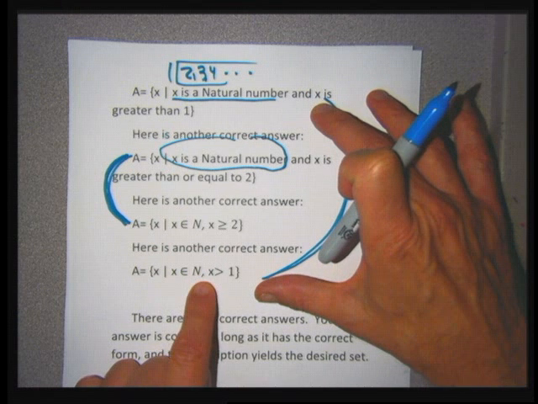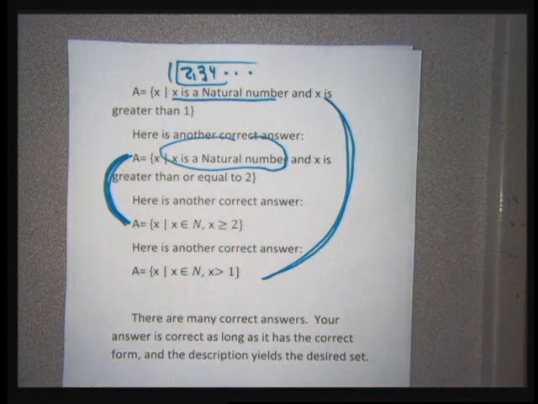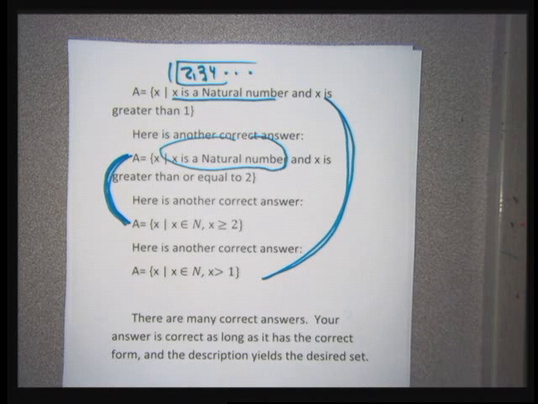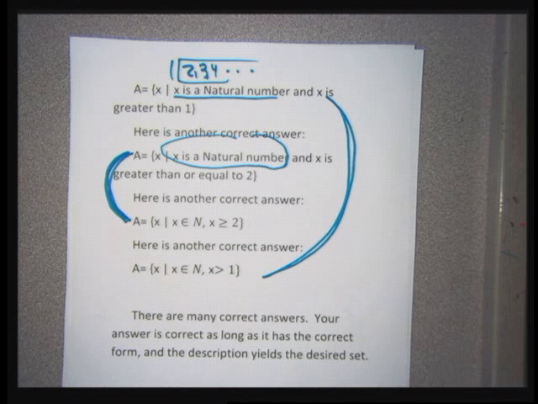Instead of using the word and, I use the comma, and instead of using the words x is greater than 1, I use the symbol for x is greater than 1. So those are really equal to each other, but the short, slick notation is probably preferred for mathematicians just because it takes less writing and it says the same thing.